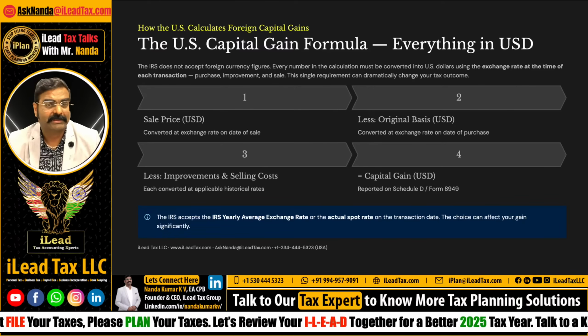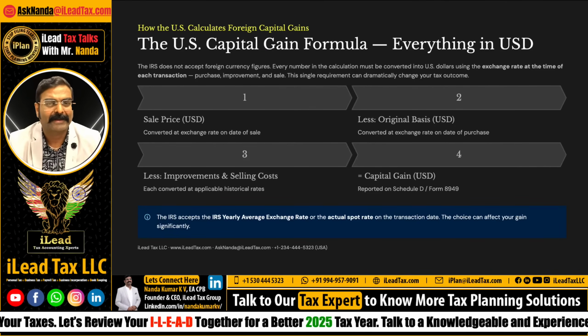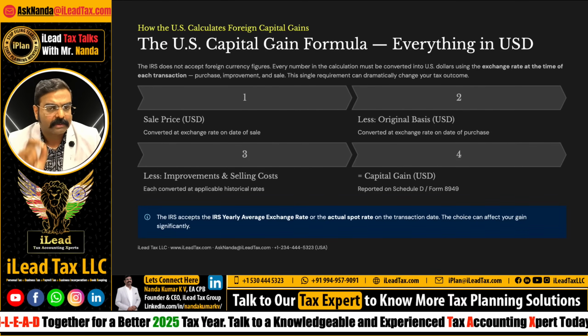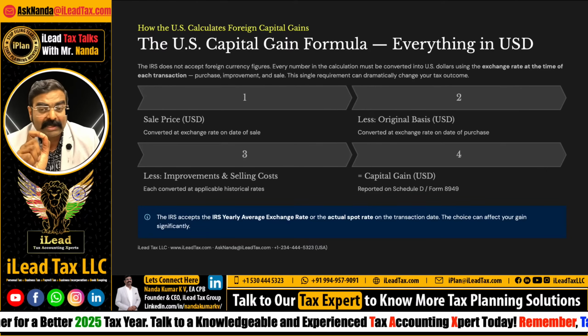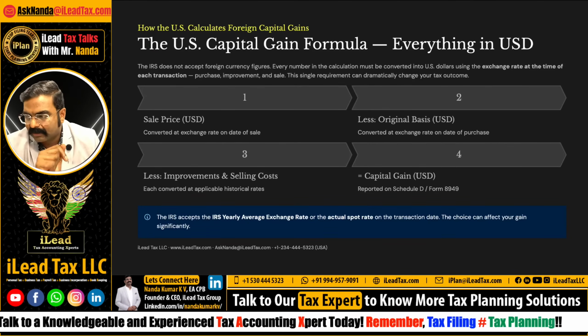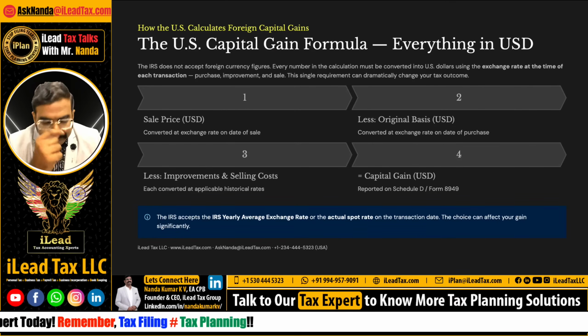On the date of purchase, okay? You can just rewind it in case you missed something, or turn on the captions button so that you get the captions on. So that gives you the USD basis. Notice two different exchange rates, two different dates. The gap between those rates is where the currency magic or the currency shock happens.